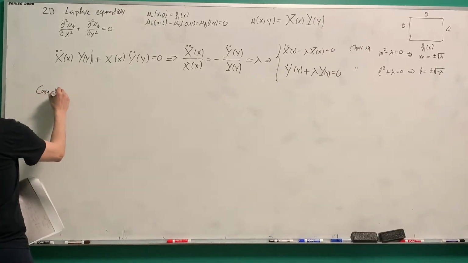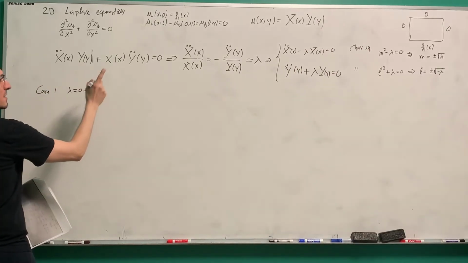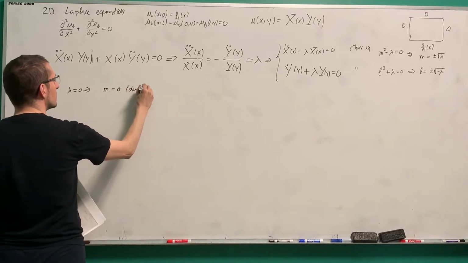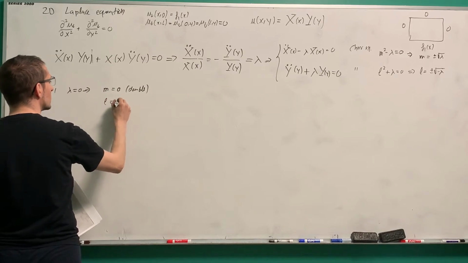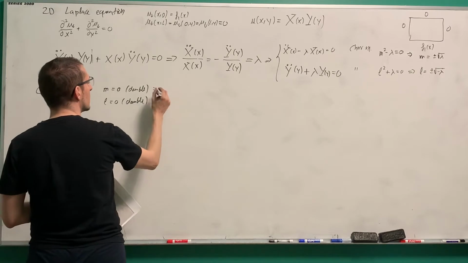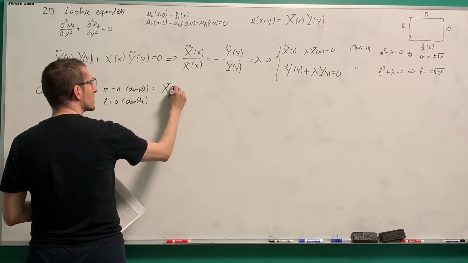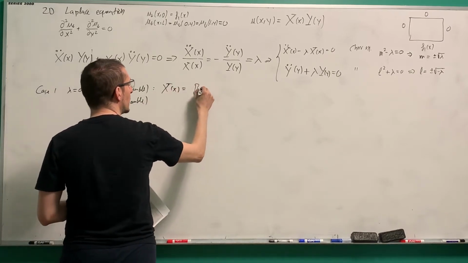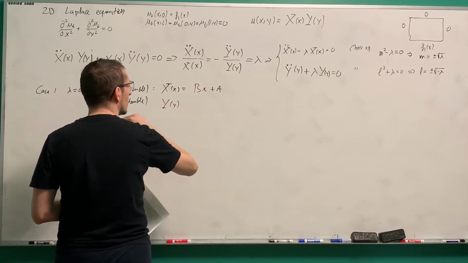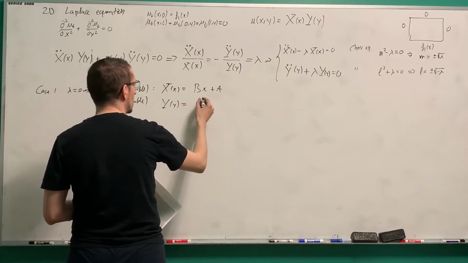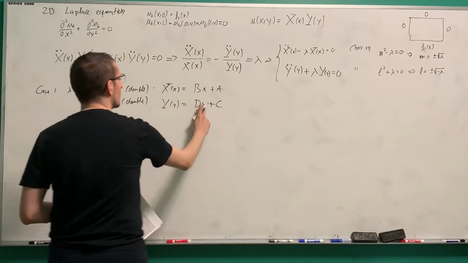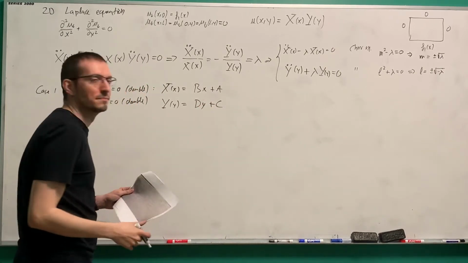Case 1, lambda is equal to 0. So in those cases, we have both m equals 0 double and L equals 0 double. All right, so in this case, we get that X of x is equal to bx plus a, and Y of y would be equal, let's say, dy plus c, for example.